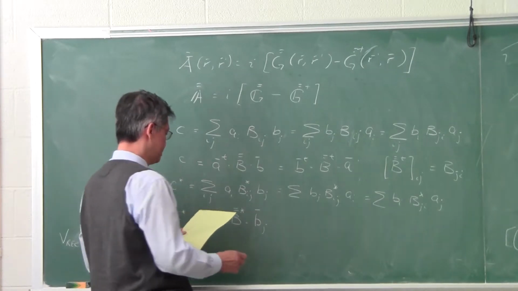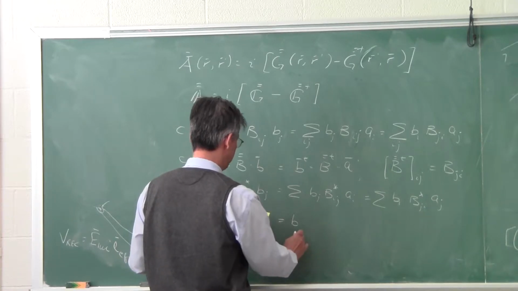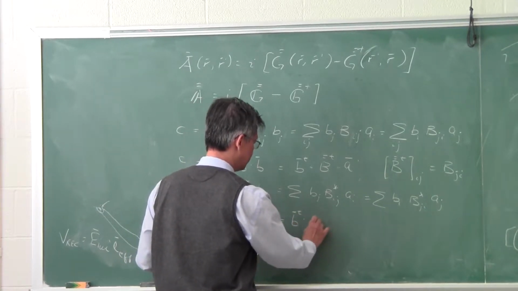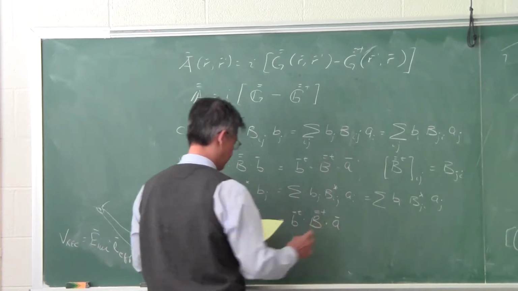Okay? And then this can be written as no J here, sorry. B transpose dot Hermitian conjugate transpose of A.